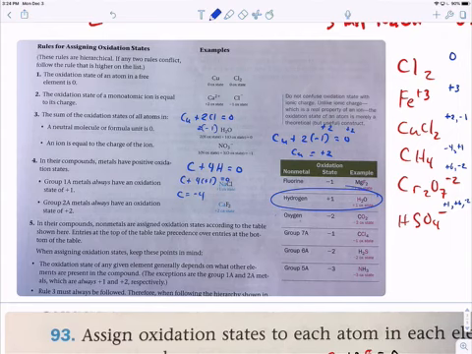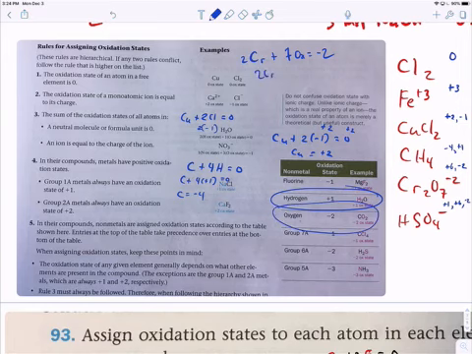So it's not equal to 0, it's equal to minus 2, so the sum is the ion charge. 2 times Cl plus 7 times oxygen is minus 2. Oxygen is minus 2.